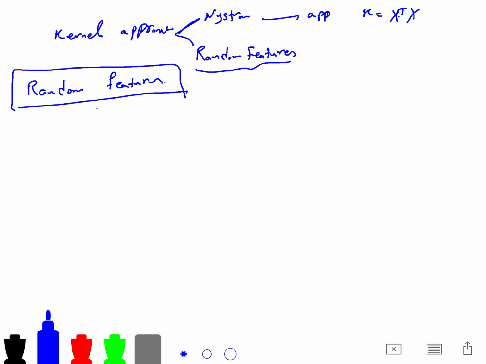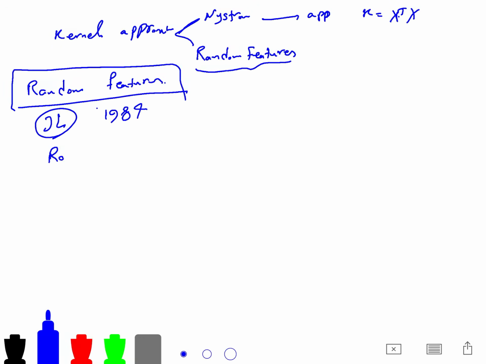So, random features. Everything is about the Johnson-Lindenstrauss lemma, sometimes called JL, from 1984. Two important articles were written after that to develop these ideas of random features.